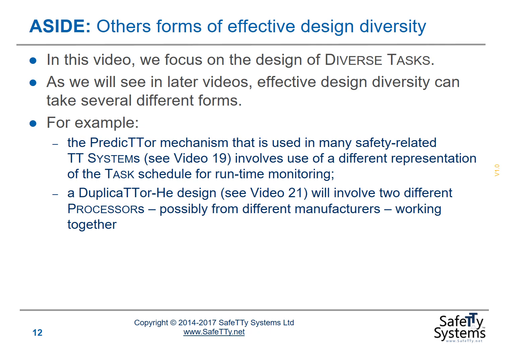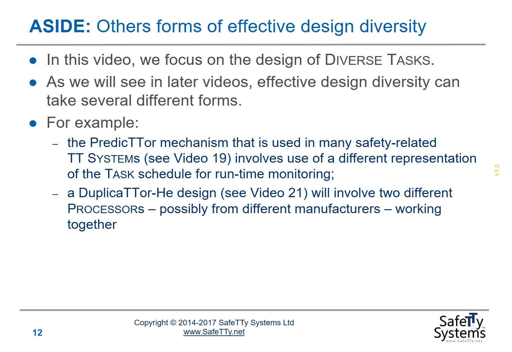In this video, we'll focus on the design of diverse tasks. As we'll see in later videos, effective design diversity can take several different forms. For example, the predictor mechanism that is used in the majority of safety-related TT designs, which we'll discuss in video 19, involves the use of different representation of the task schedule for runtime monitoring.